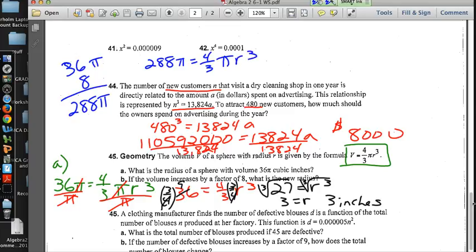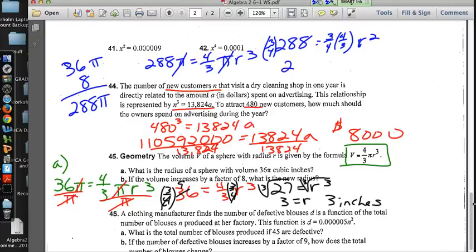But you would solve it the same way that we did the last one. We would divide both sides by pi and get that out. Multiply both sides by 3/4. See what we get and take the cube root.